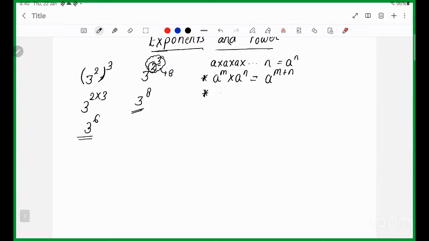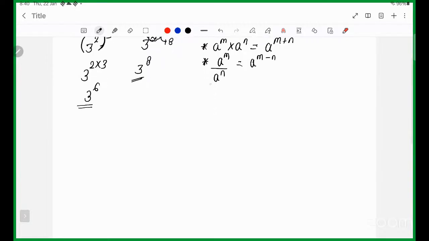And if I divide a raised to power m by a raised to power n, then it will be a raised to power m minus n. And if I write ab whole raised to power n, it will be a raised to power n and b raised to power n.